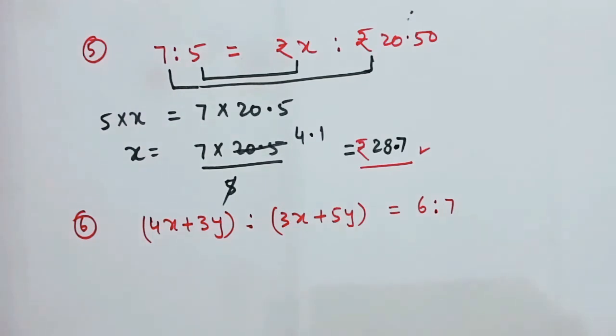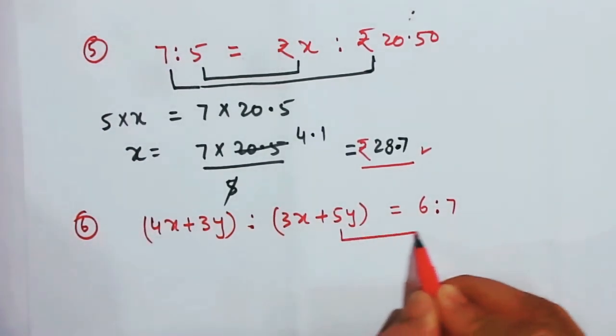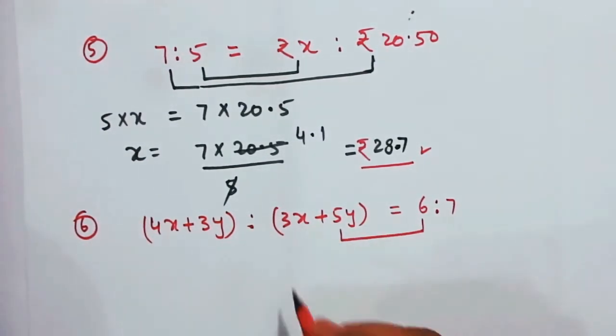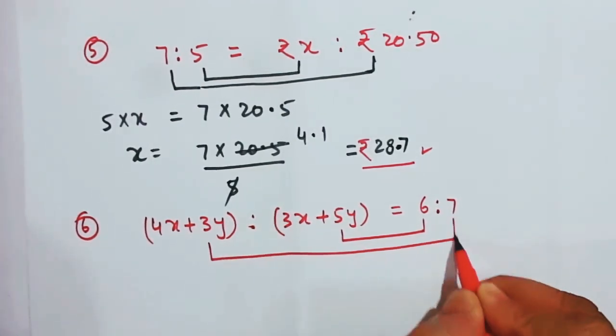Now they are asking you to find the ratio of x is to y. When this is given, the first thing that hits your brain is to find the product of extremes and the product of means.